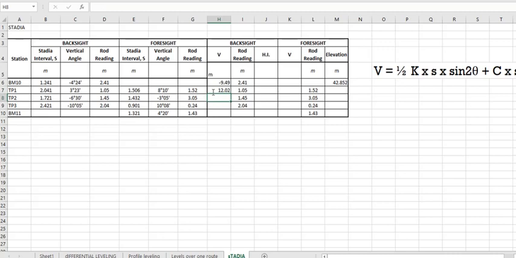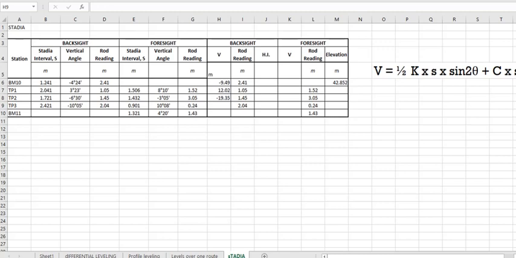Okay, for TP2, 1 half times 100 times 1.721 times sine of 2 theta of negative 6 degrees 30 minutes, negative 13.35. Wait, that's wrong. Negative 19.35. Kindly double check.